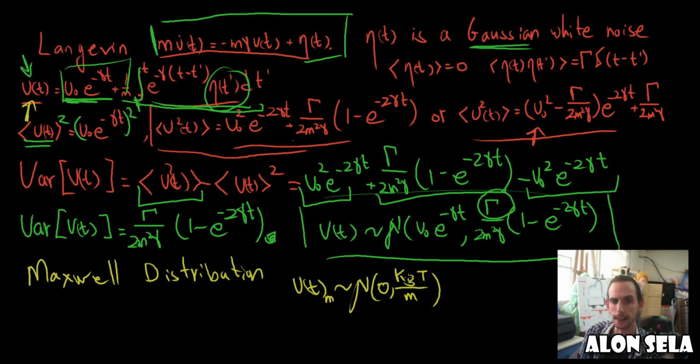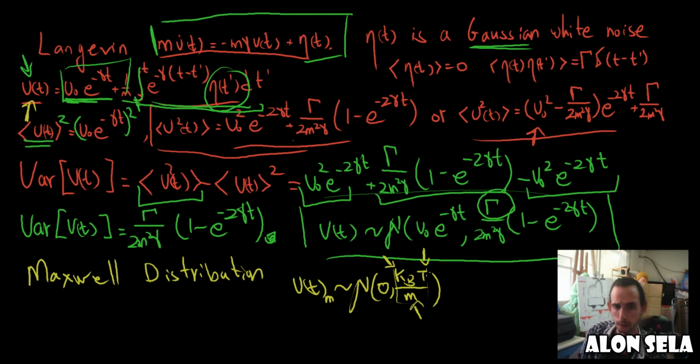Now k Boltzmann stands for the Boltzmann constant, T is the temperature, and m is the mass. But basically I don't care if you understand this quantity or not. This is some constant, this is another constant, and this is another constant.